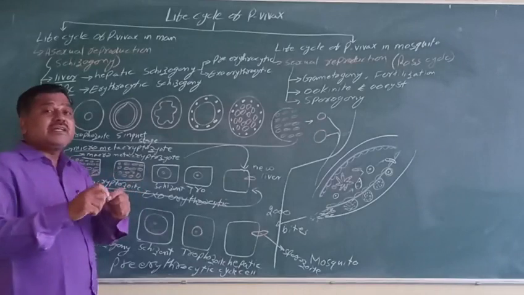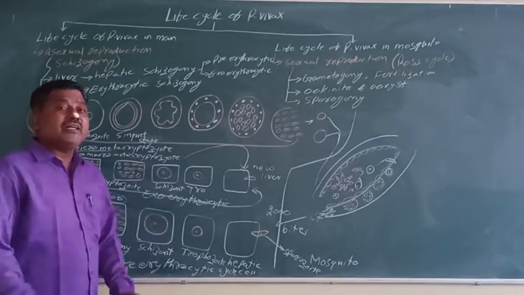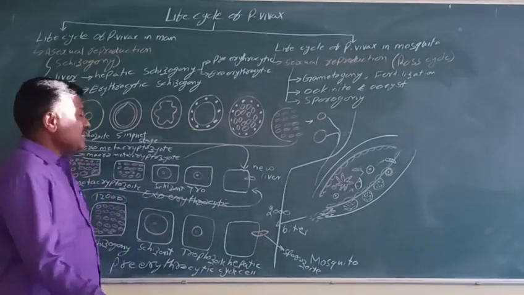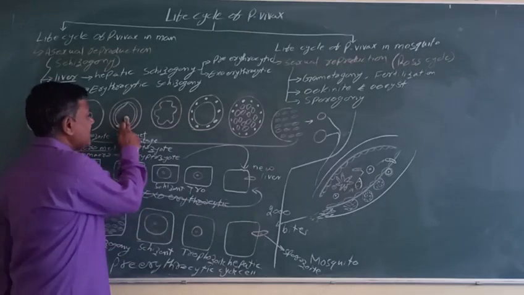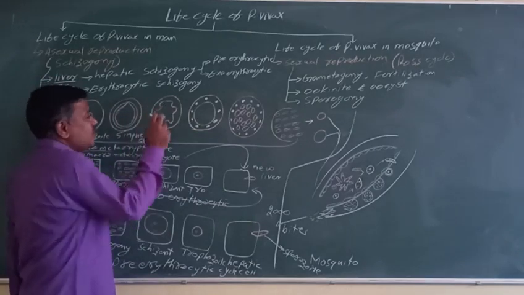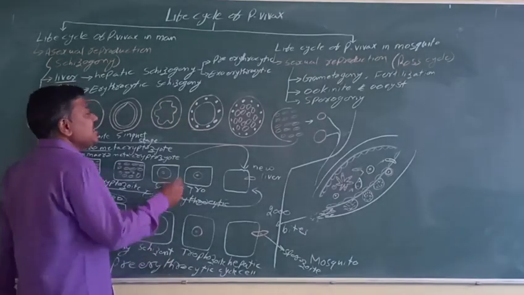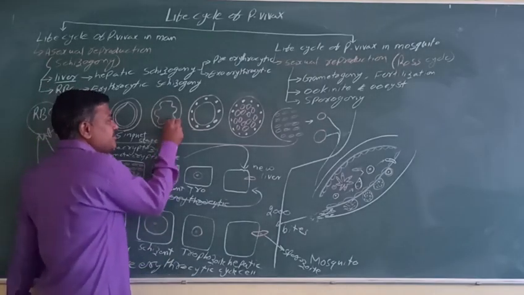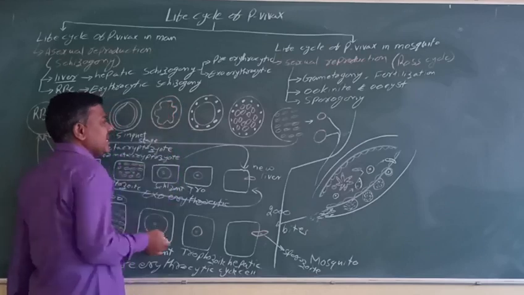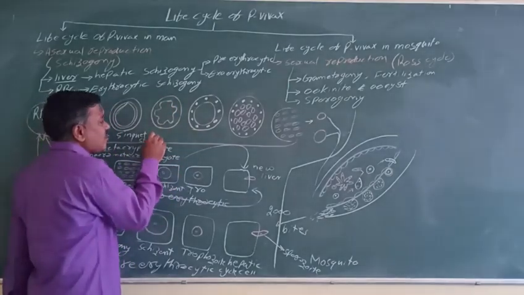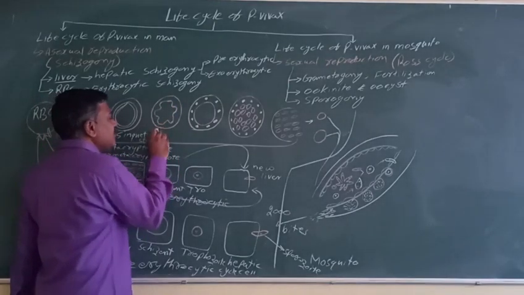Now the vacuole bursts, it breaks. As there is breakdown of the vacuole, this Plasmodium vivax becomes shapeless. That means it develops pseudopodia, and this stage is called the amoeboid stage.